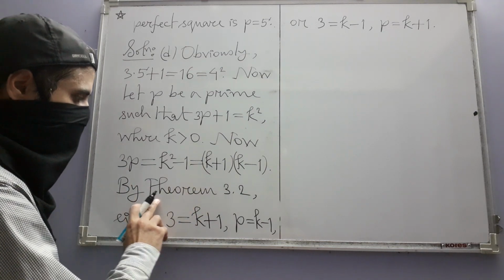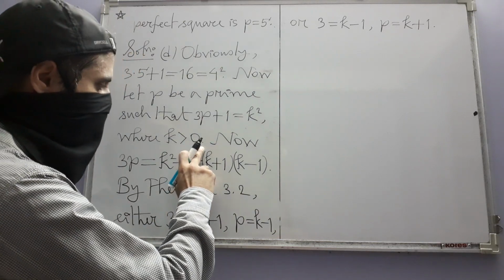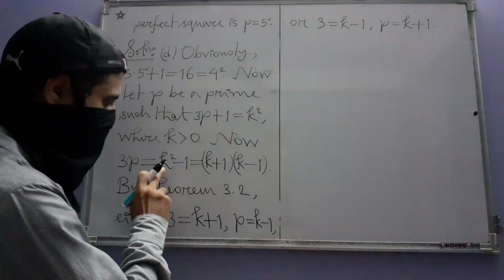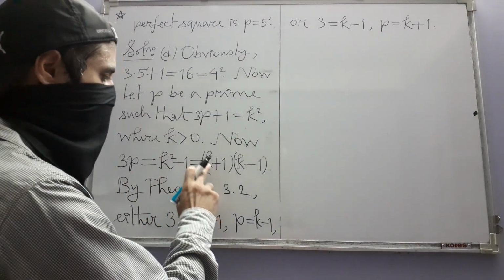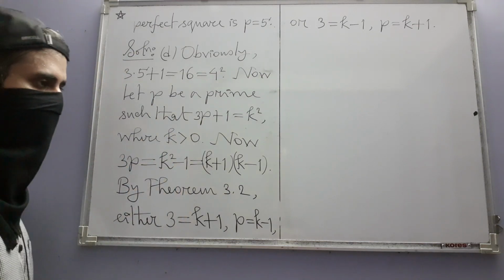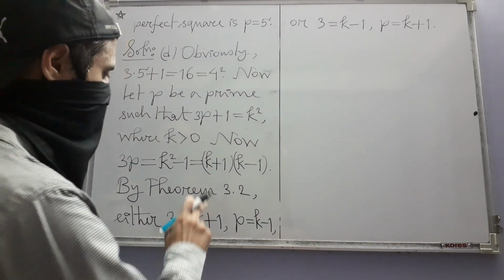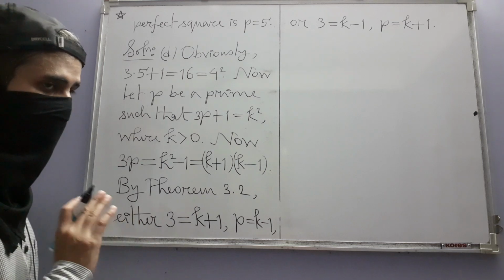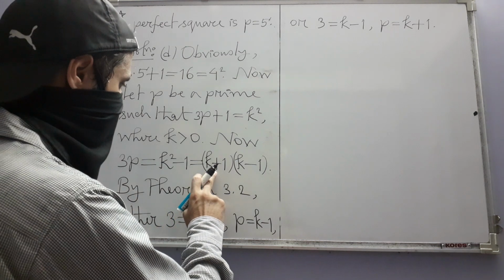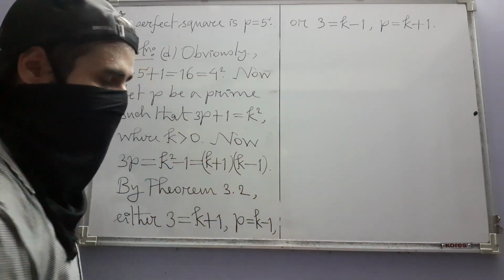And from the uniqueness of such prime factorizations, we know that when we factorize this number, whatever number it is, the number is k square minus 1. Whenever we factorize this, it has to be 3p itself. It cannot be anything else. No other prime can arise in this factorization. That comes from the uniqueness of such factorizations. But at the same time you see another factorization.